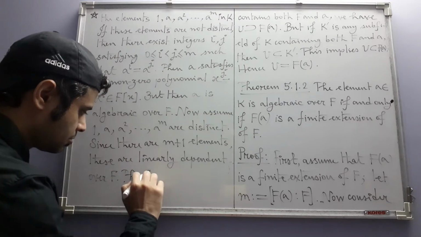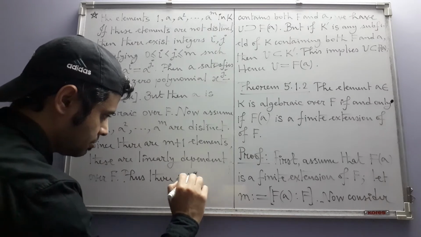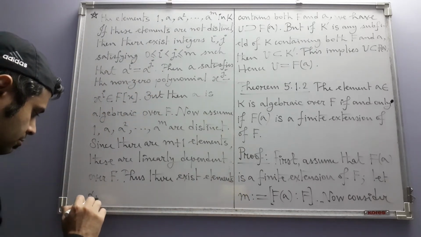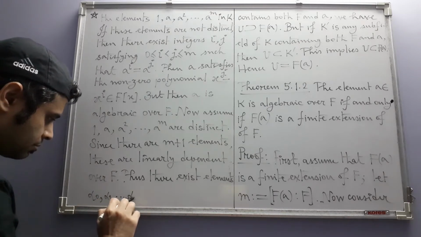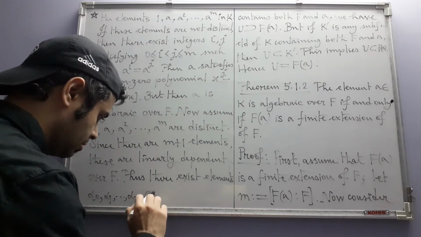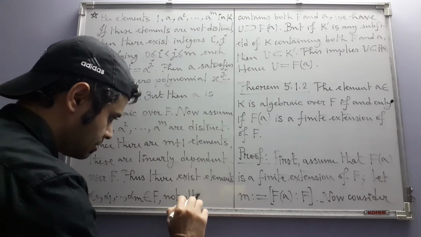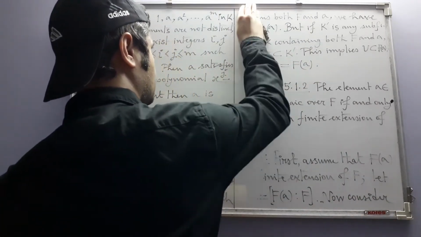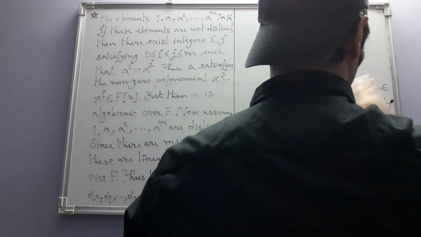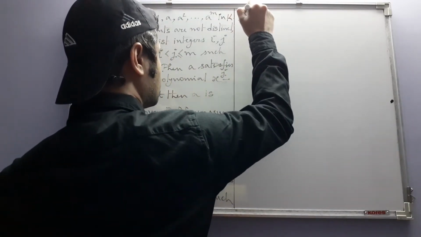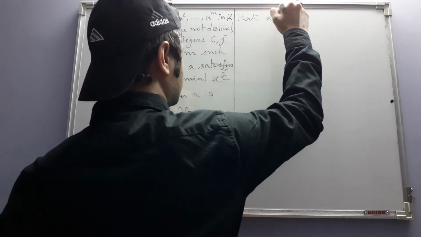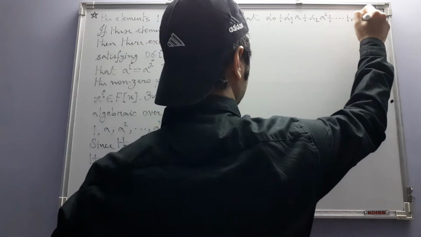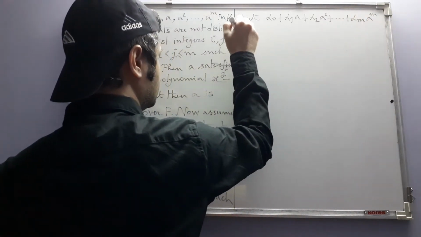Thus, there exist elements, say alpha 0, alpha 1, etc., alpha m belonging to F, not all 0, such that this linear combination alpha 0 plus alpha 1 a plus alpha 2 a squared, and so on up to alpha m a to the power m is equal to 0.